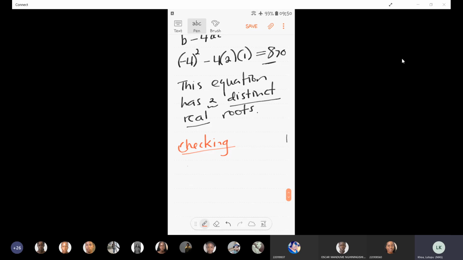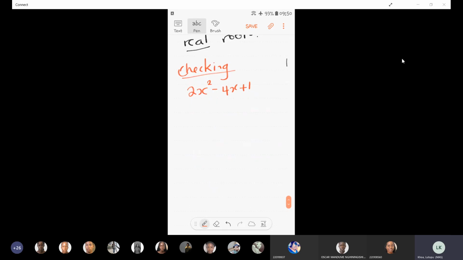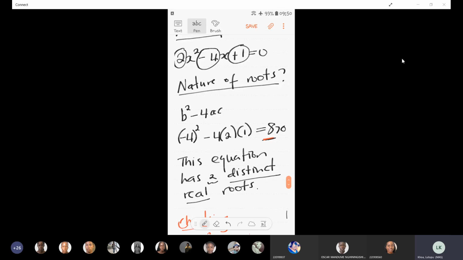Our equation was 2x squared minus 4x plus 1. Just using the quadratic formula, I have x is equal to minus b, which is minus negative 4, plus or minus the square root of the discriminant, b squared minus 4ac, which I already worked out over here. The answer I got is 8.